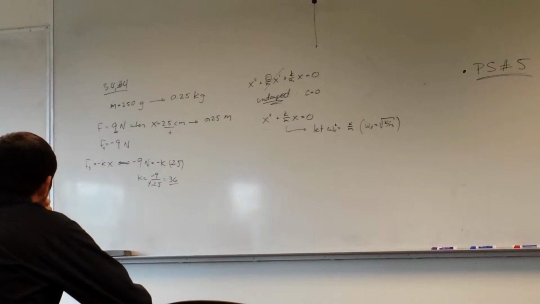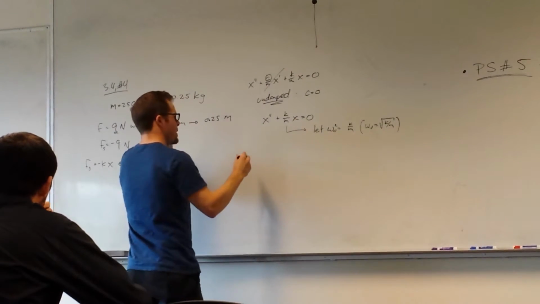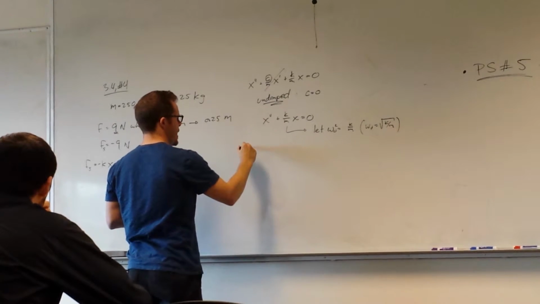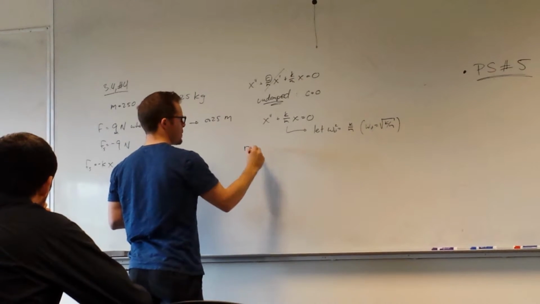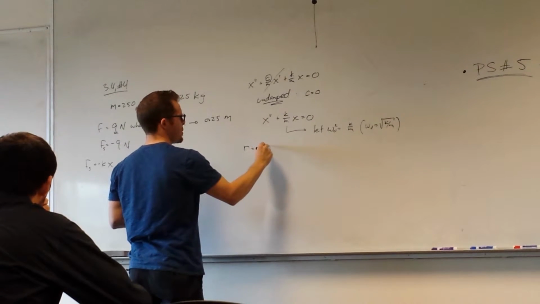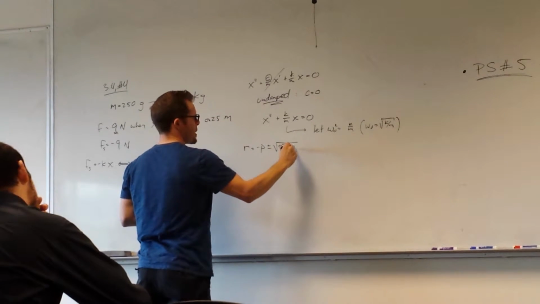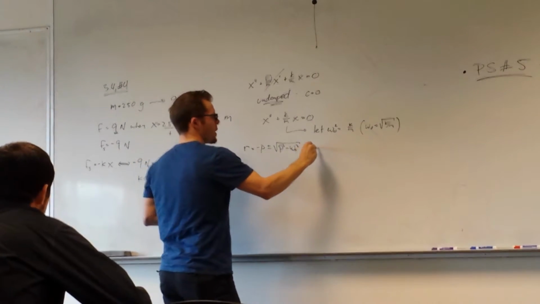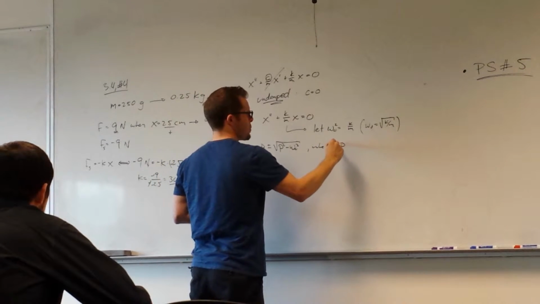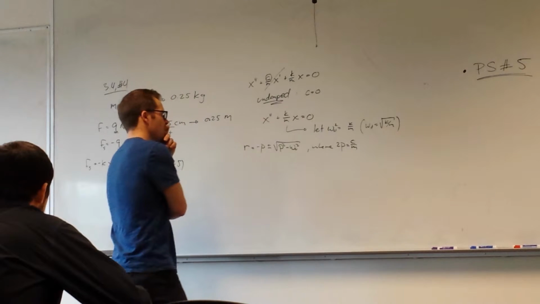Okay, so the characteristic equation, we worked that out in the general case last time, right? The characteristic equation had solutions negative p plus or minus square root of p squared minus omega naught squared, where 2p was equal to c over m. Is that right?